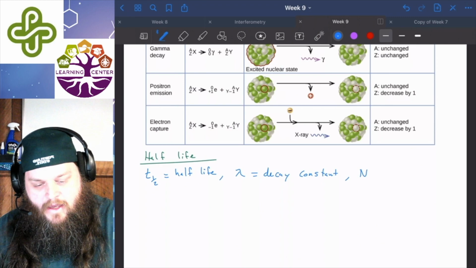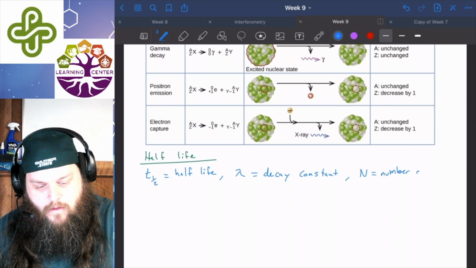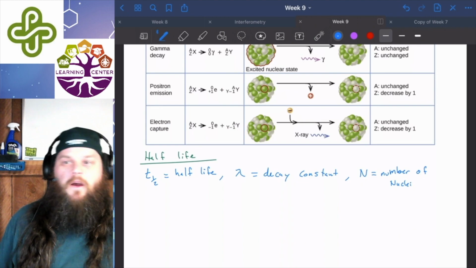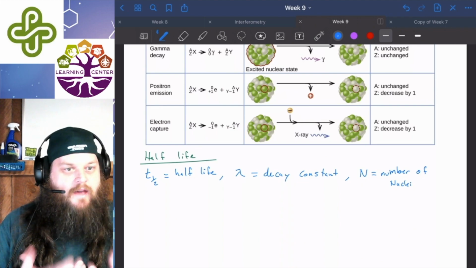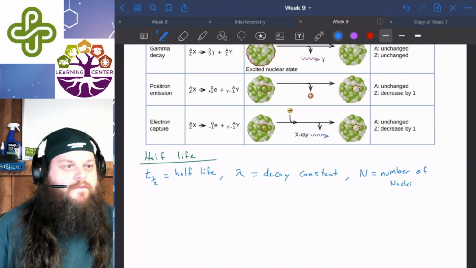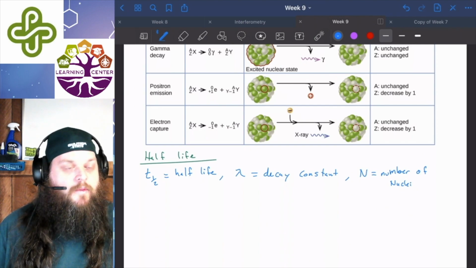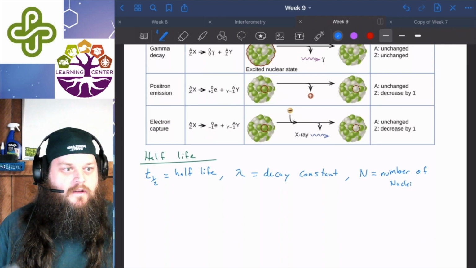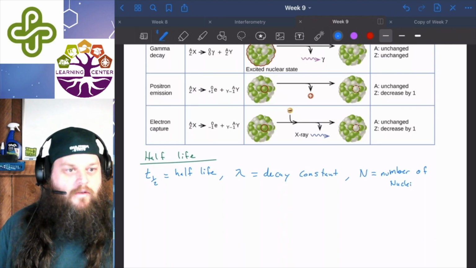And we say N, which is just the number of nuclei. So however many atoms we have in there, for example 15 carbon atoms, or maybe Avogadro's number of nuclei, so we could have 10 to the 23rd up to that point.